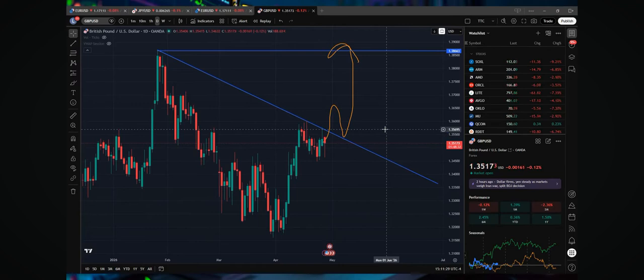Now that third hit has pulled back, we're looking for a move up and a breakout into the next level. Let's say we break out. Where are the levels of resistance? First level of resistance I'd be targeting is around the 1.37 region, and then of course up here around 1.386-ish.